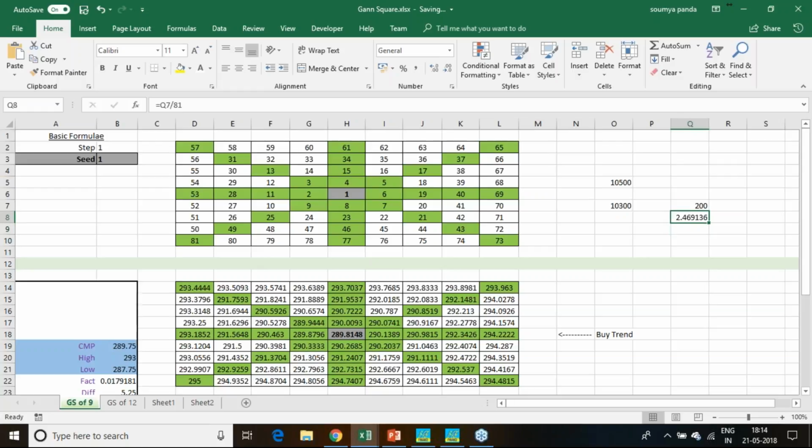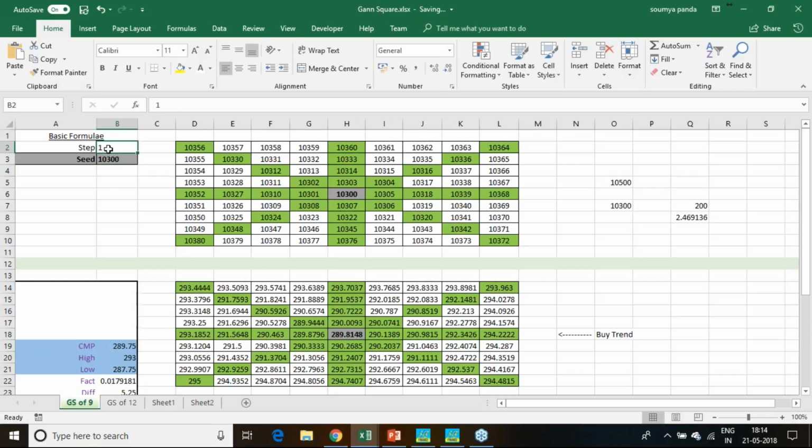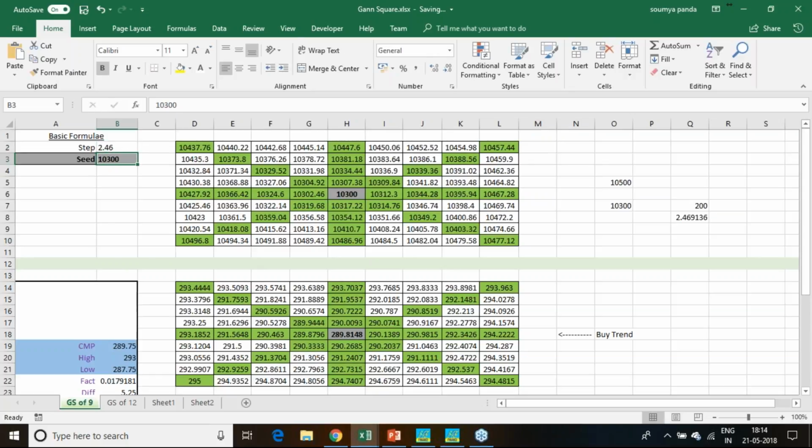So each step is 2.46. In place of 1, we will replace it with 10,300. So here 10,300 will be the seed and the step we have calculated is 2.46. This is what we will be calculating.